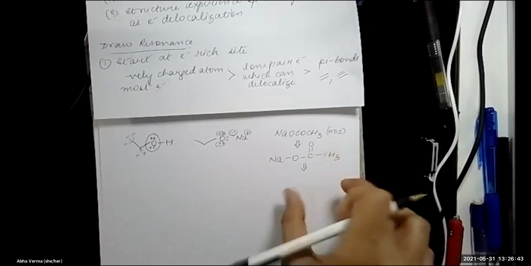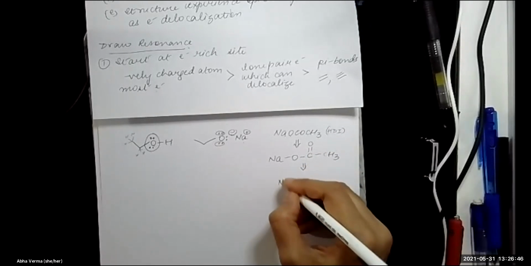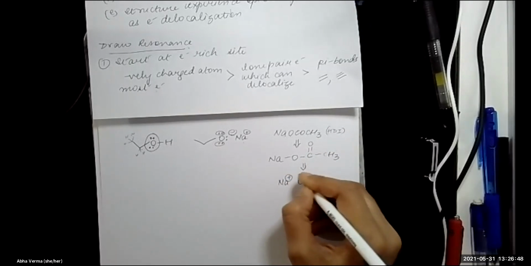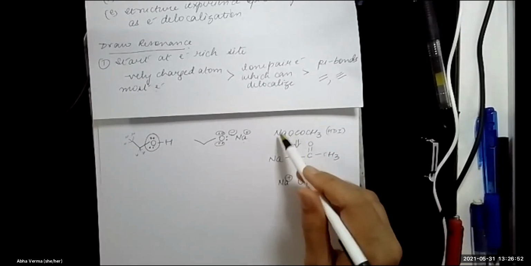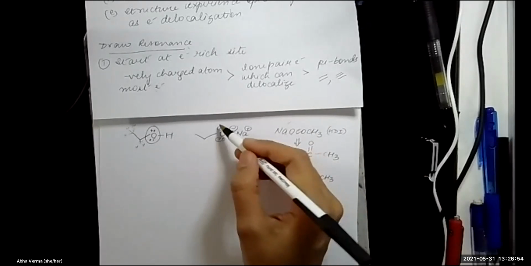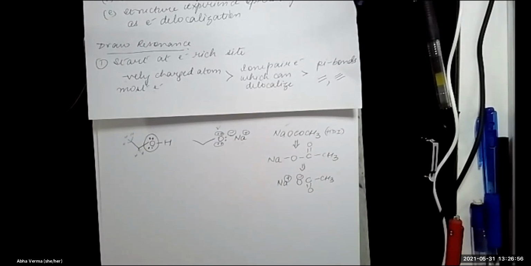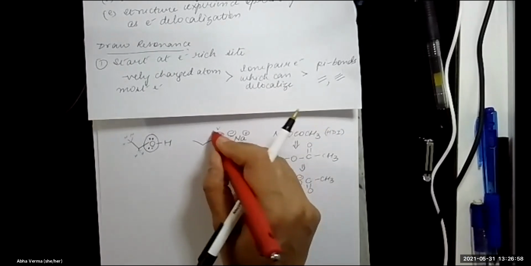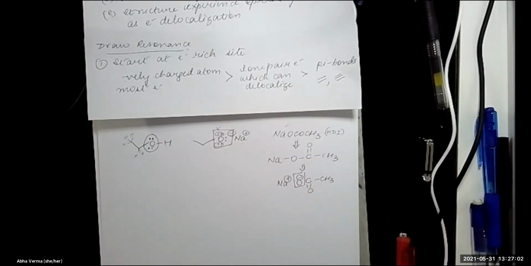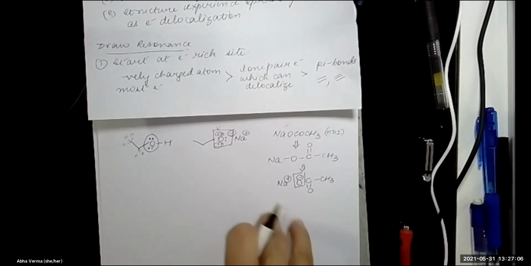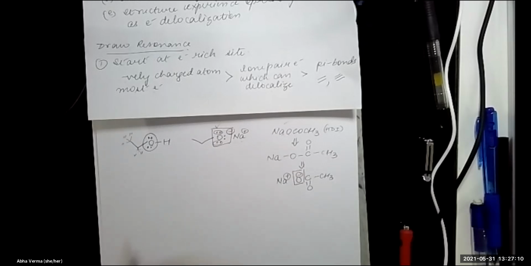If you look carefully at this, this is my sodium ion, O negative, CH3. This is an ionic structure. I have the formal charge. And I think Nielsen pointed this out, that we need a formal charge in our structure.